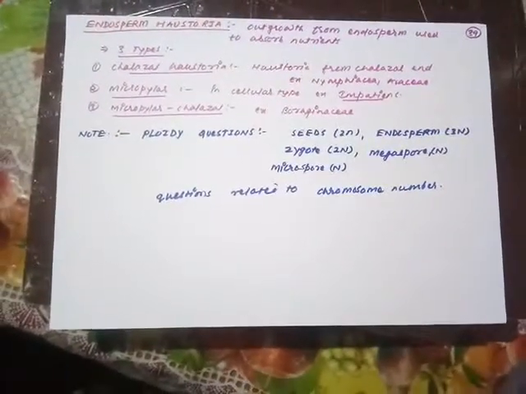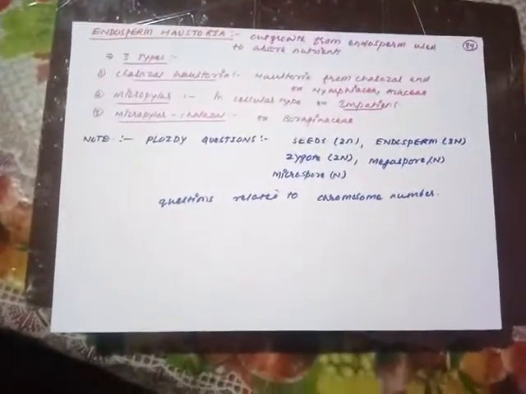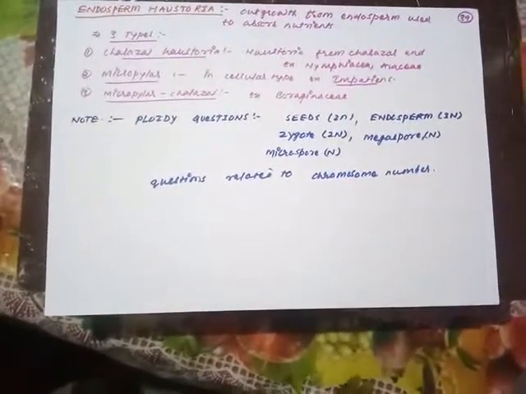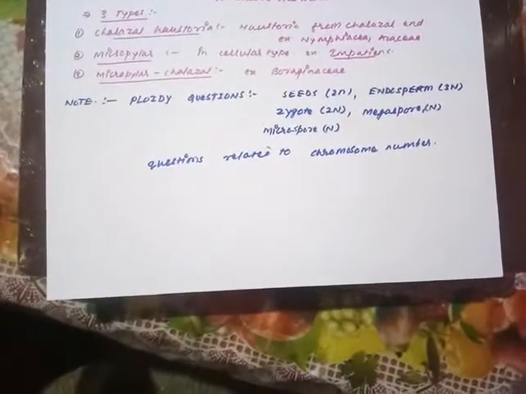So to derive nutrition from the other parts of the embryo sac, like the parenchymatous tissues or the cells present in the chalazial region and the nucellus, the endosperm itself develops some structures which absorb the nutrition from the peripheral tissues of the embryo sac.